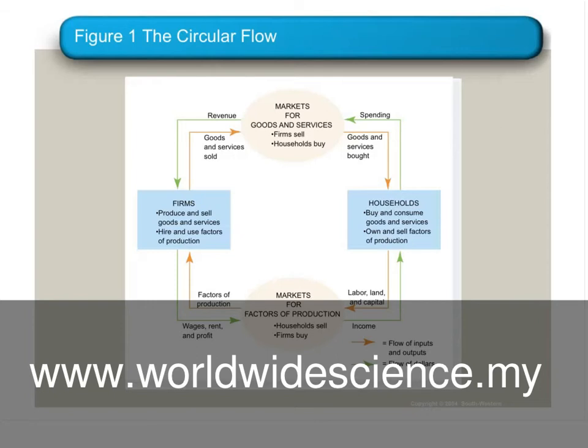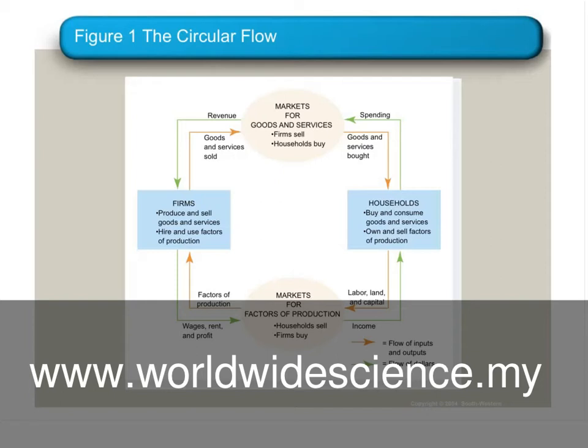So the red one is the flow of inputs and outputs, and the green one is the flow of dollars. So as you can see, there is a two-way relationship between the markets. It's like a circle that goes and comes back.